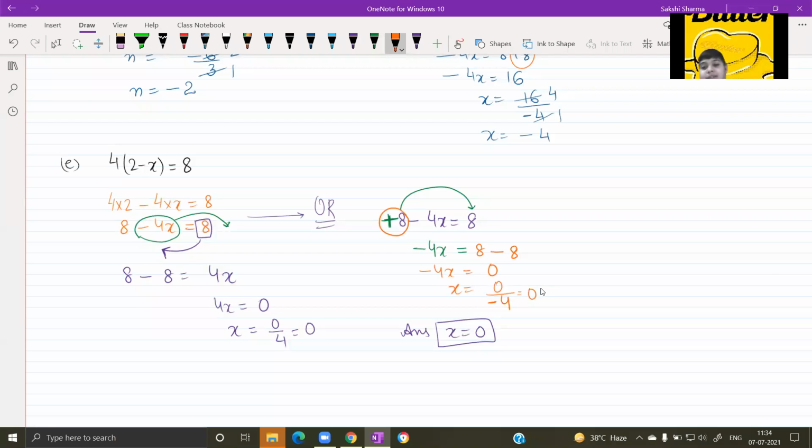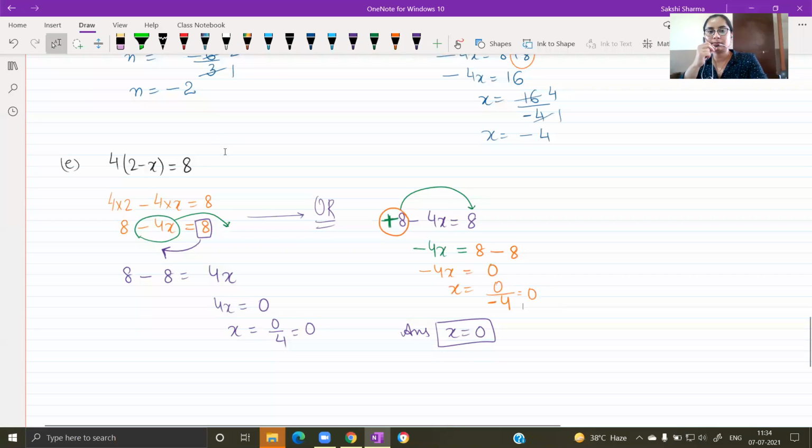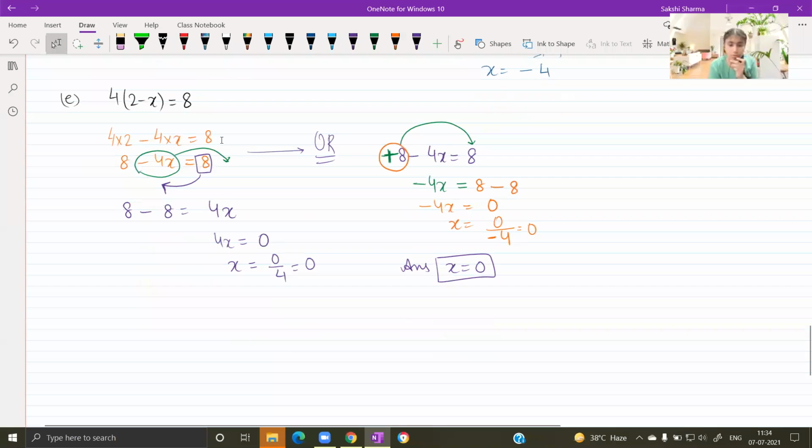Ma'am, I have done E part with another way. How have you done? Ma'am, I have done with the second way. Okay, completely fine. But you have divided 0 by minus 4. I have not divided.